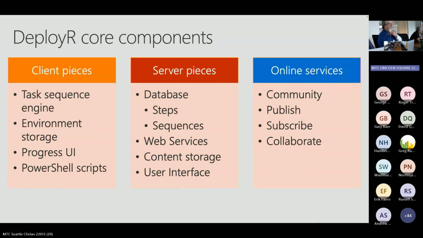We have the user interface, just a web page for maintaining everything, and we'll see that as we go through too. We expect to build out a set of online services to allow the community to publish their own step types and scripts and sample task sequences and that sort of thing to enable everyone to collaborate on building out OS deployment solutions.